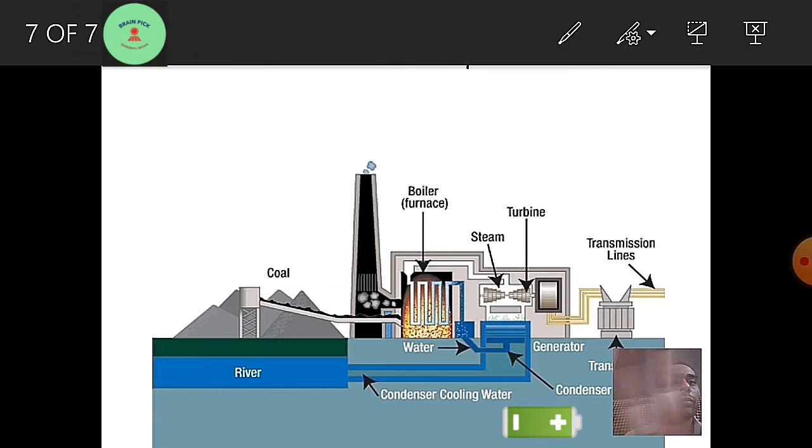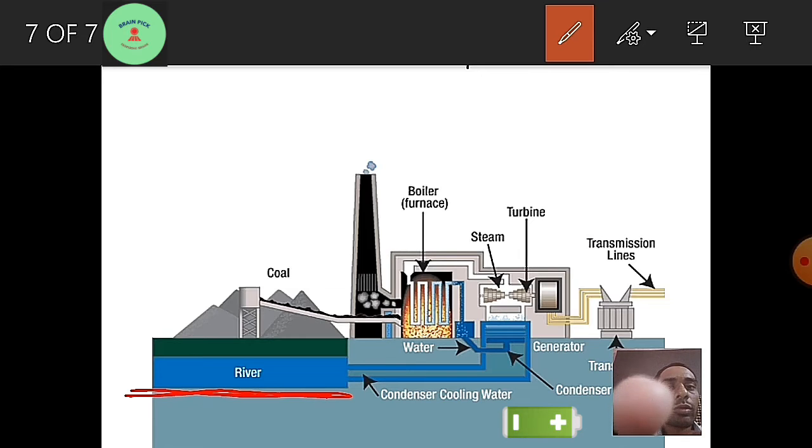So here we have a river, that is a water source. Huge quantity of water is required, therefore a water source should be near the coal power station, so that when we select a site for a thermal power station or coal power station, the site selected should be such that a water source is available.